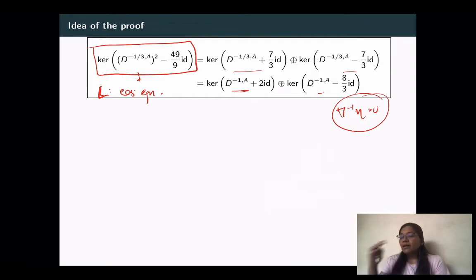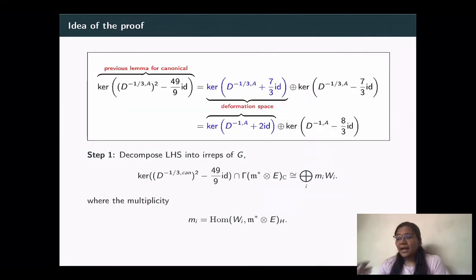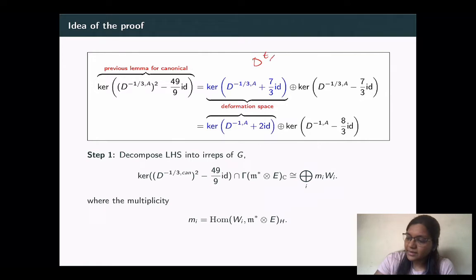So now here we have these two different eigenspaces for the Dirac operator, and the eigenspace that we are interested in, the one that constitutes the deformation space for the canonical connection, is the first summand, because this is the one that satisfies this eigenvalue condition.